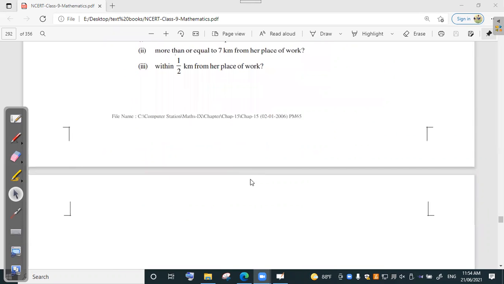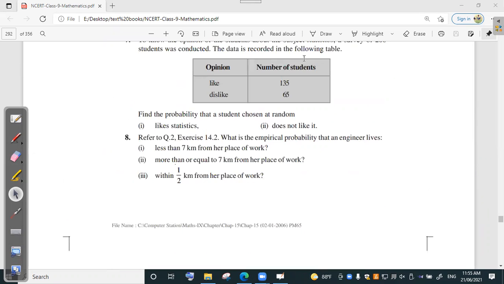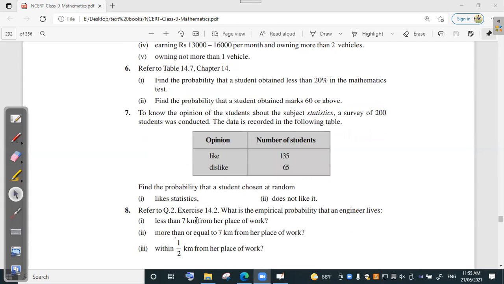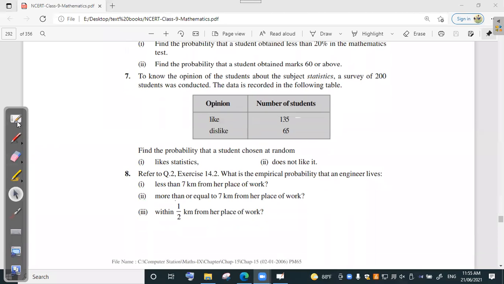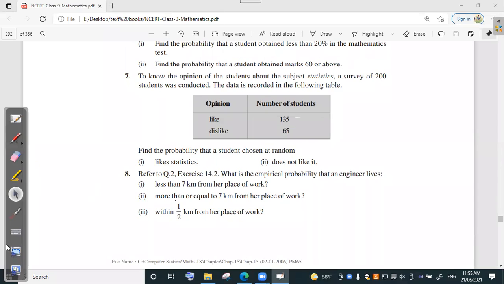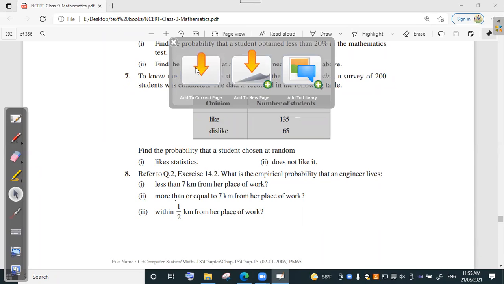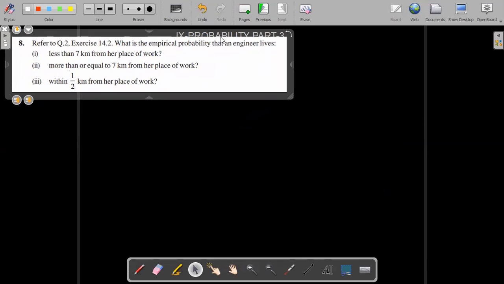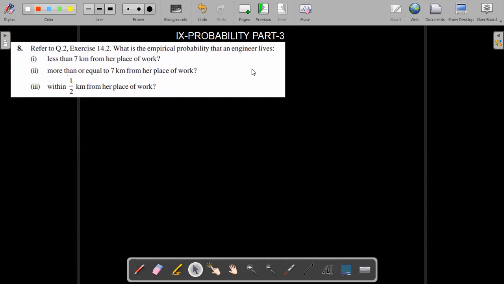This question is also based on the data given in exercise 14.2, question number 2. Question number 8 is based on this.